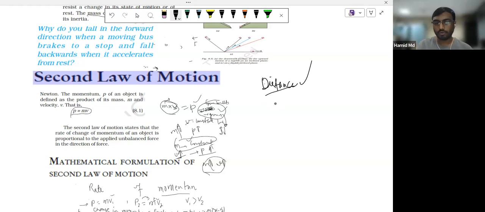So following that, can we define the velocity? Yes, sir. What is velocity? How will you define the velocity? The displacement of a body per unit time. Okay, you said displacement, displacement per unit time, right?